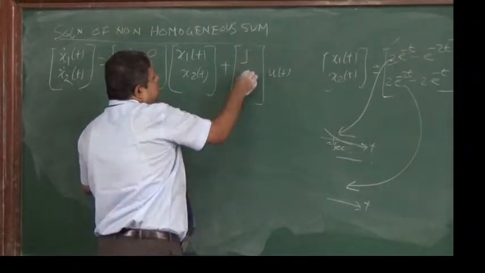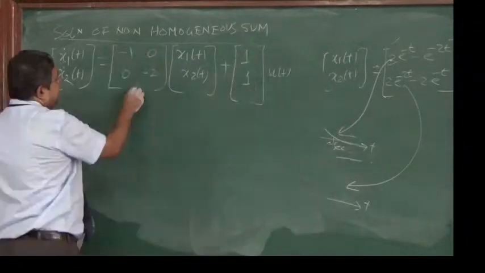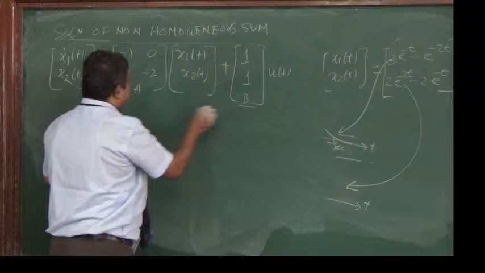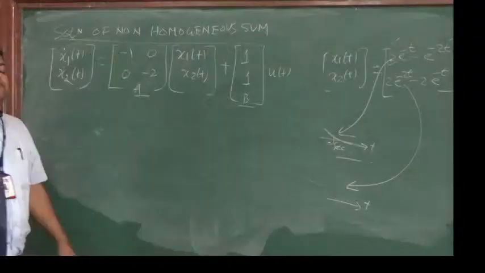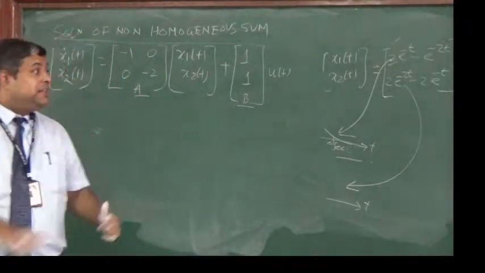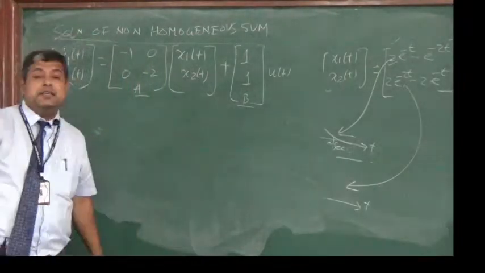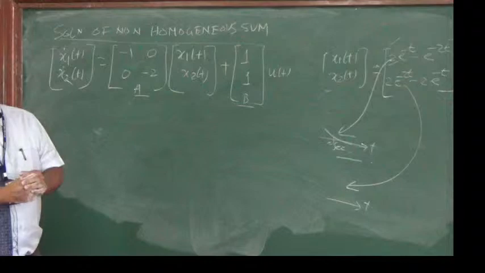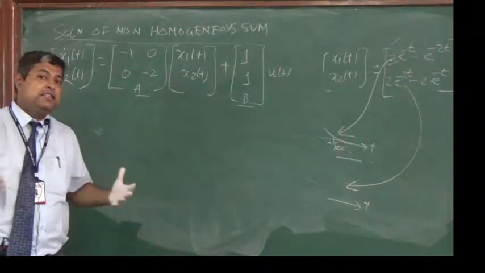So the B matrix is very important, along with the A matrix. You can check that for the solution of the state variable for the homogeneous system we required only the A matrix. B and D matrices were not having any bearing, since for a homogeneous system they are not present.